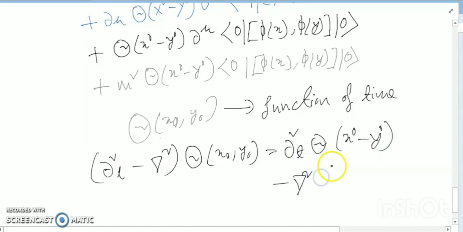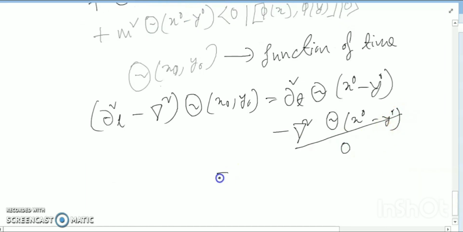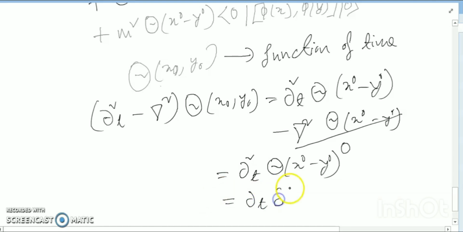So I can write that del square t into capital theta (x0 minus y0). Next, these are the delta functions. Now it can be written this way, del t into del (x0 minus y0). Okay, so this way.